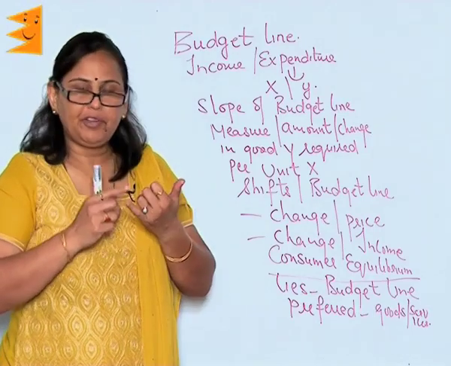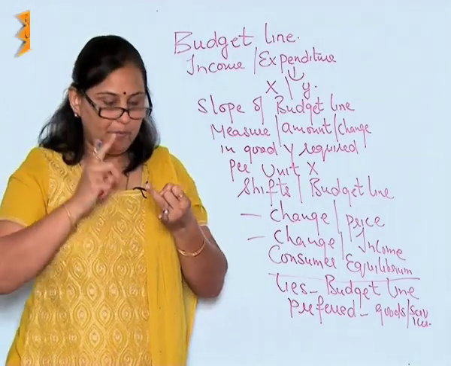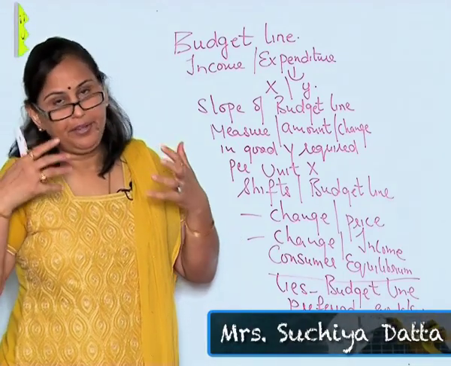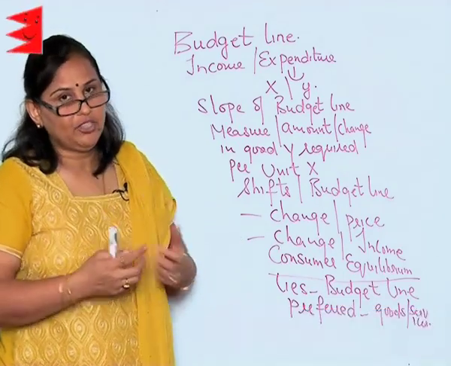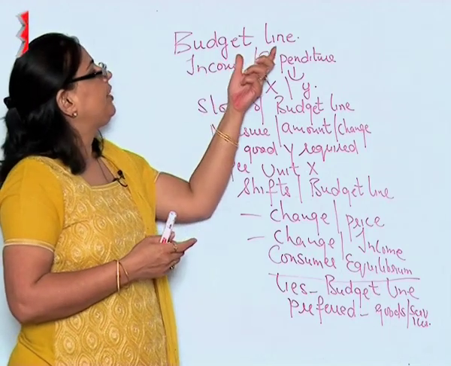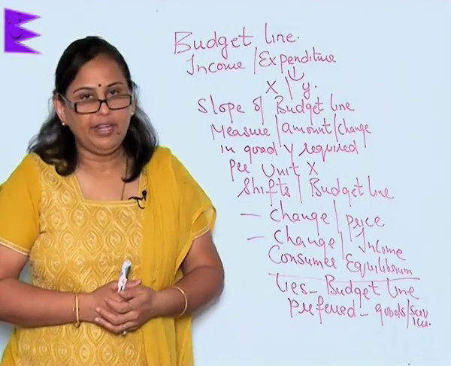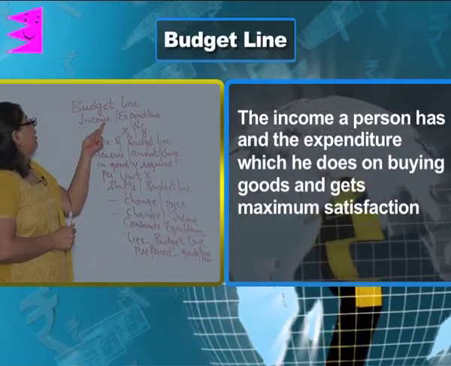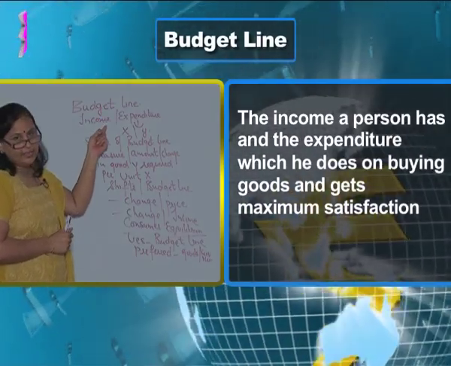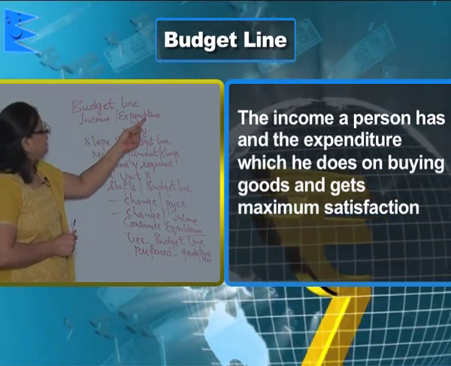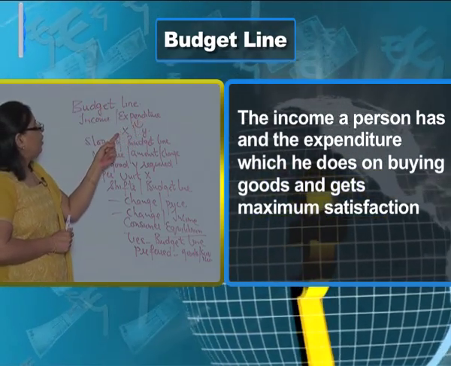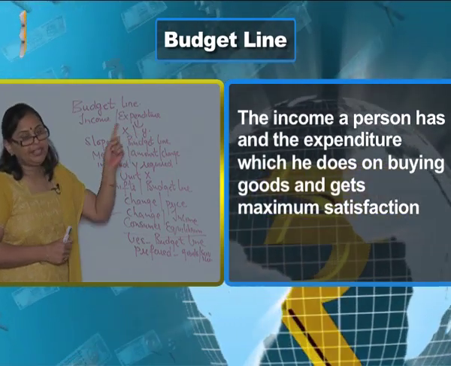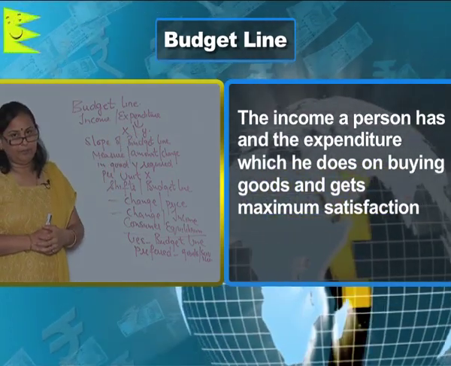We've been talking of consumer approaches to equilibrium, but the main point remains the budget. So what is a budget line? Budget line is in fact the income a person has and the expenditure which he does on buying X and Y units and gets maximum satisfaction.